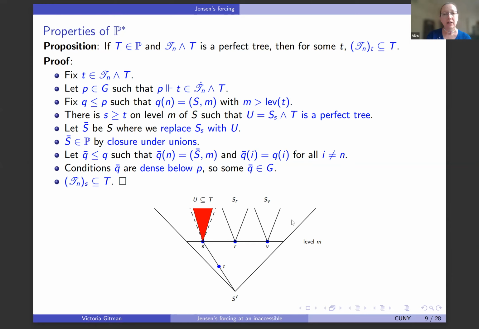I have the node T, because I'm working below P, in S, and I can assume by strengthening slightly that the level M is above the node T.